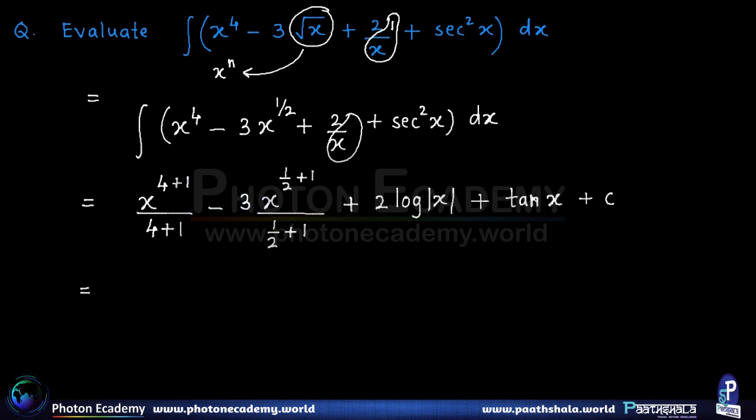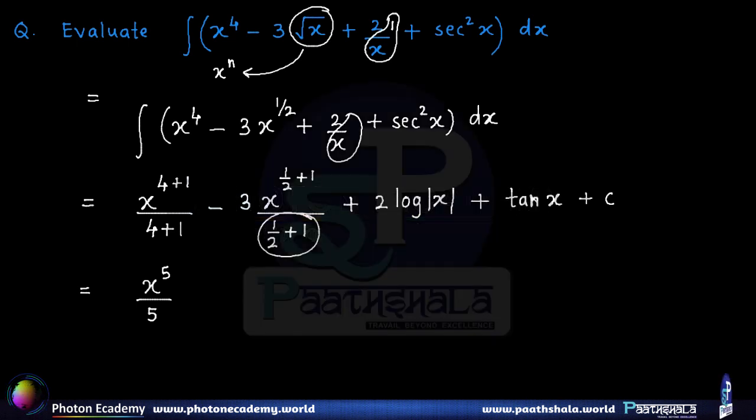So simplifying this further, we get x raised to 5 upon 5. Now if you observe this, 1 by 2 plus 1 is 3 by 2. So it gets reverted and it becomes 2 by 3. So on multiplying, it will become just 2.